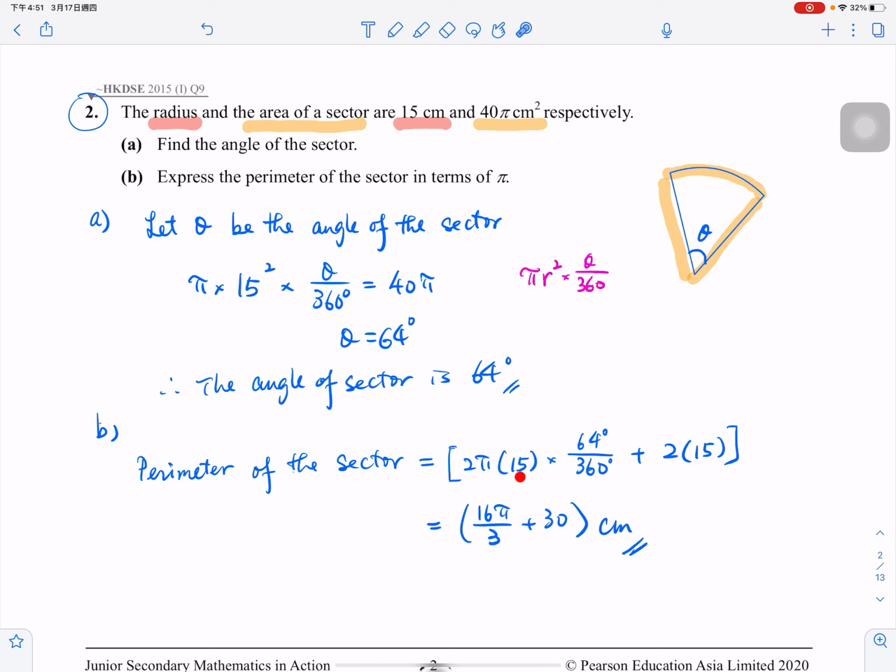So 2 pi r, the circumference, times the part of the circumference becomes the arc, and plus 2 radii. As a result, 16 pi over 3 plus 30 cm. Remember, each time check the units.